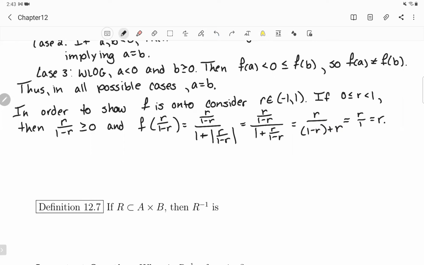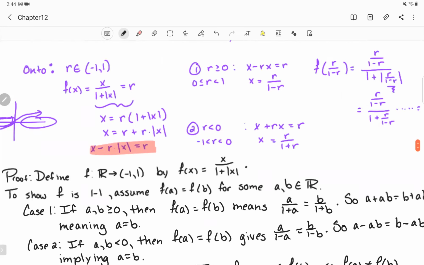Okay. So then since it'd be super, super similar algebra, we can say similarly, if -1 is less than R is less than 0, then f of R over 1 plus R, was that our correct input?